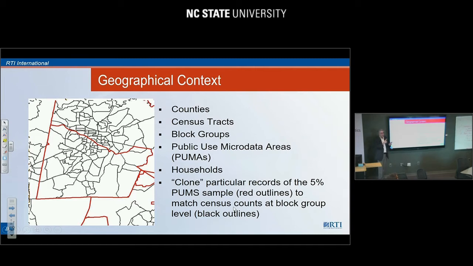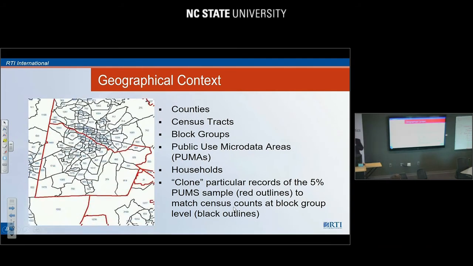How many people of race A, race B, race C? How many households with size 1, 2, 3? And we select from that 5% sample to populate the block group with the right number of households and the right set of households to match the estimates for the whole block group.